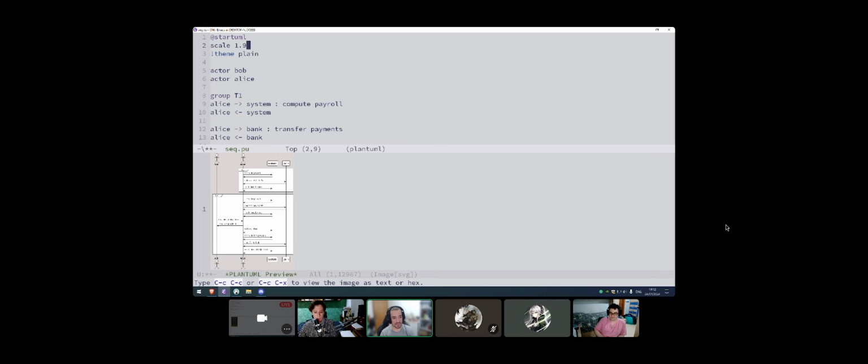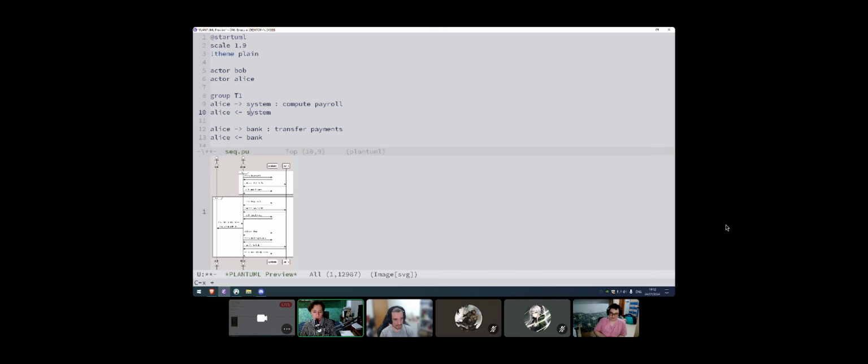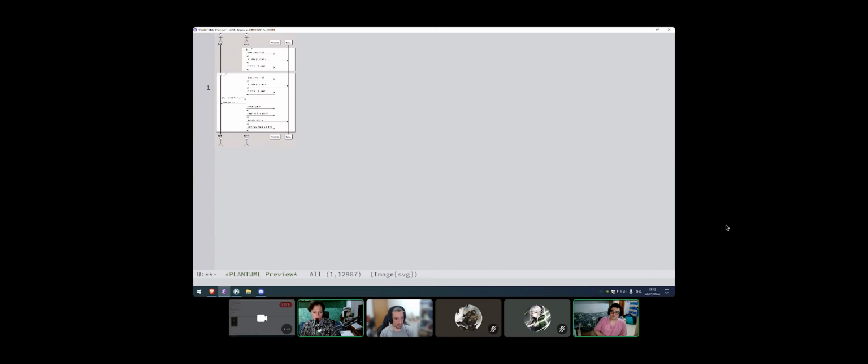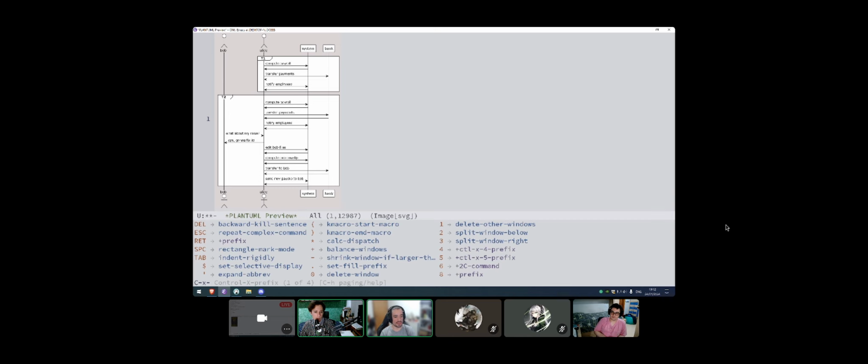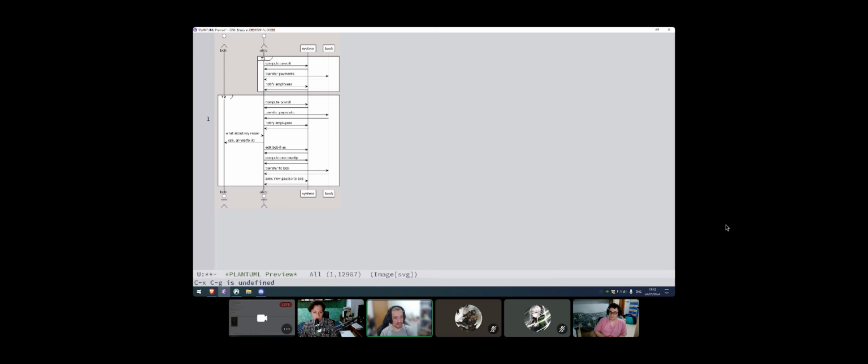I use this a lot to work, it's part of my workflow. Can you read it now?